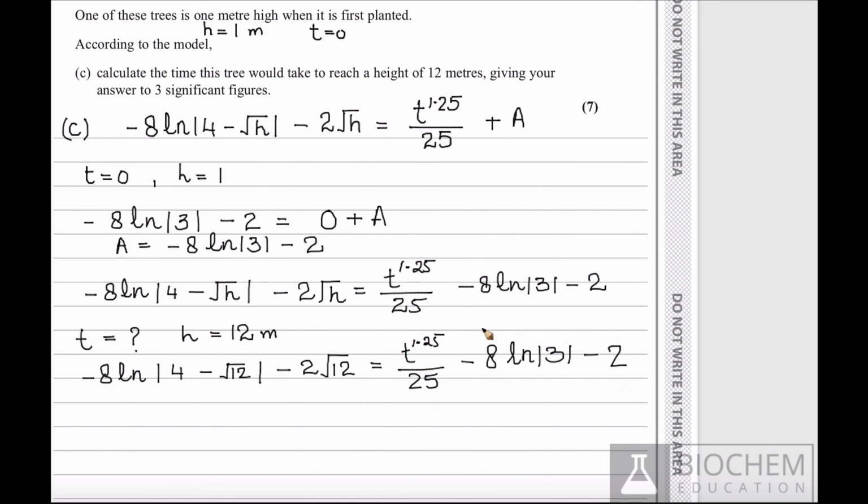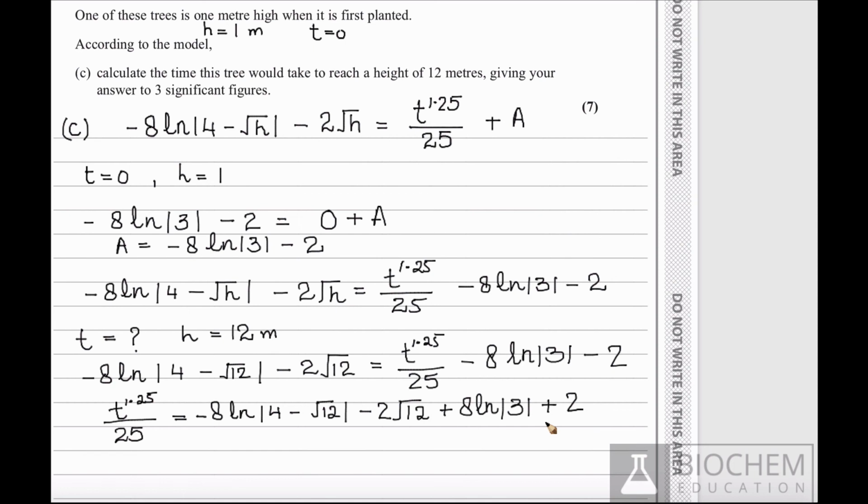So we can start by bringing these terms to the left-hand side. So I can write this as t to the power of 1.25 over 25 equals, now this whole thing plus that would be negative 8 ln 4 minus under root 12 minus 2 under root 12 plus 8 ln 3 plus 2.